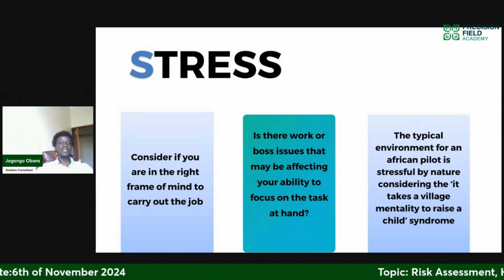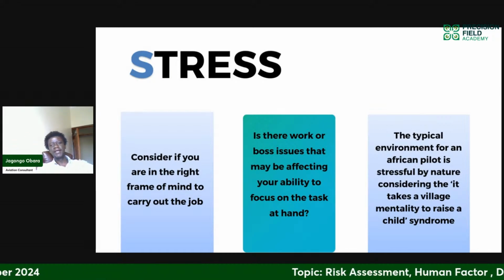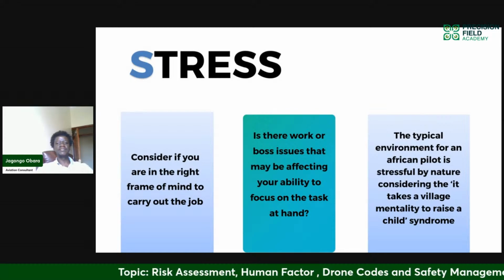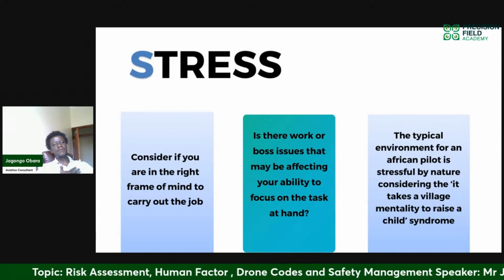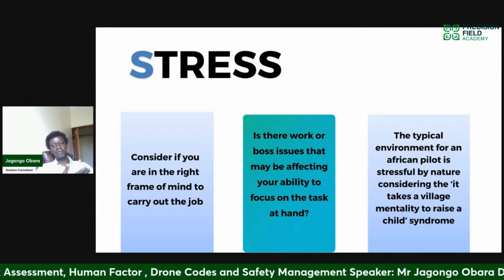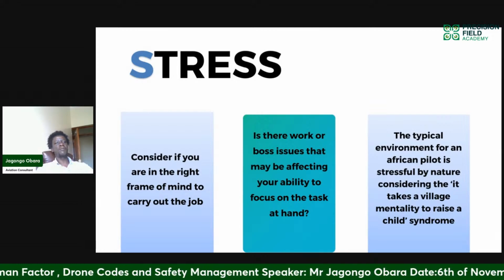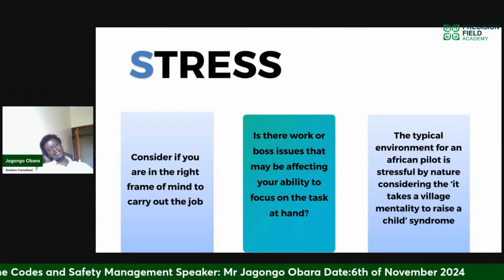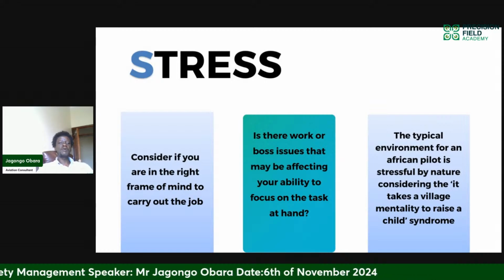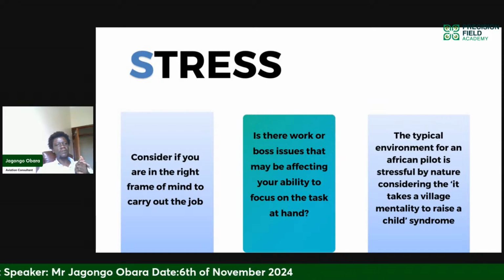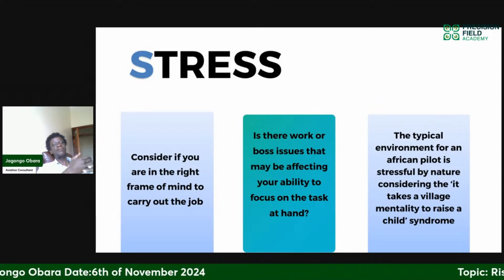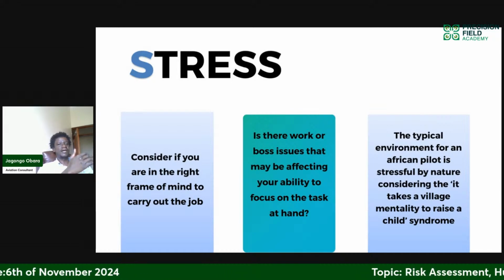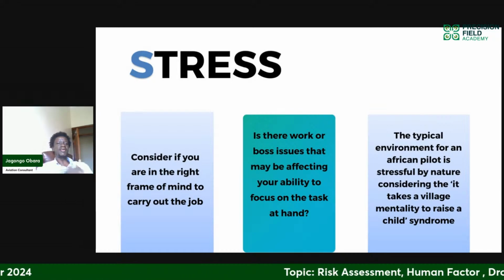If you have an issue that is coming up, the typical environment for us Africans is usually stressful. For me, for instance, if I'm a drone pilot, I probably have siblings that are looking out for me, and I probably have extended family members that are also looking out for me. And so I want to get this job done so that I can meet one, two, three obligations.